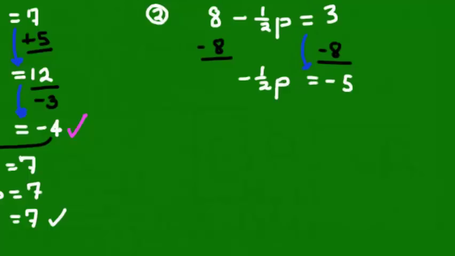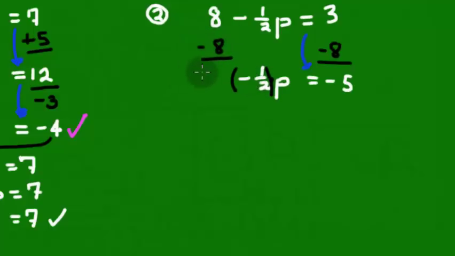All right, how do we get rid of that negative half? There's a few ways to do it, and the way I like to do it is, if I'm multiplying p times this negative half, I'm going to take this negative half and multiply it by its multiplicative inverse.